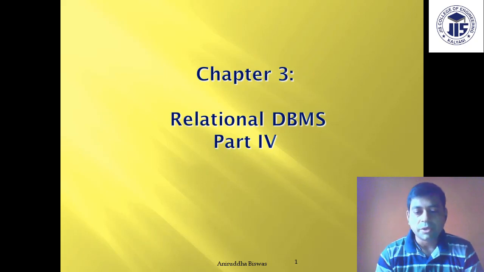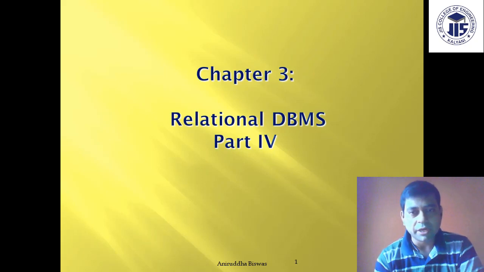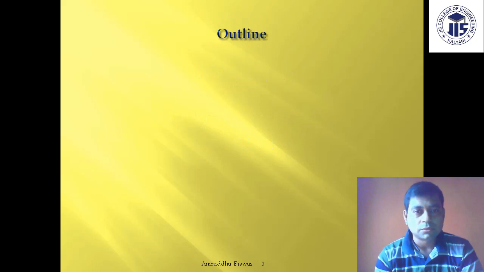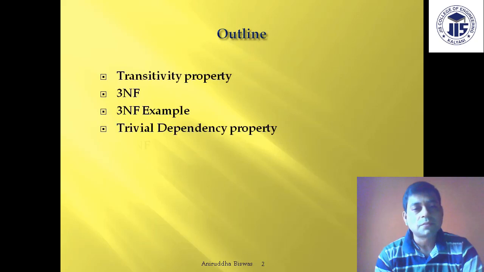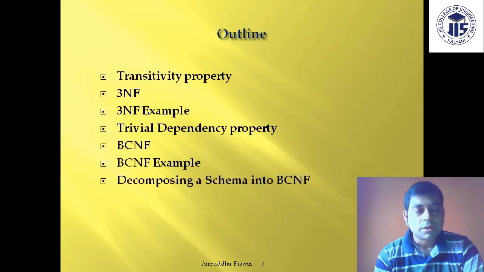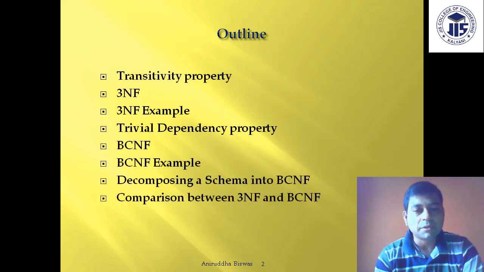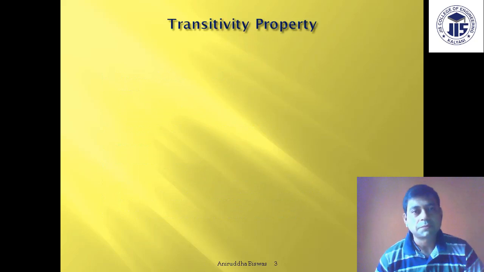Today, we are going to learn about relational DBMS part 4, and we'll be discussing the transitivity property, 3NF, meaning third normal form, and its example, trivial dependency properties, BCNF, meaning Boyce-Codd normal form, and its example, decomposing a schema into BCNF, and the comparison and difference between 3NF and BCNF.